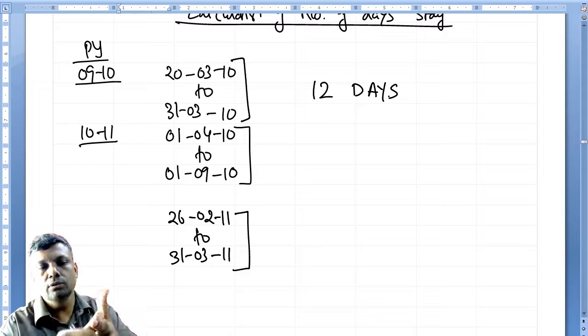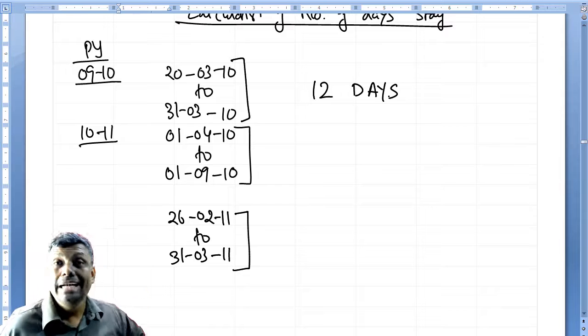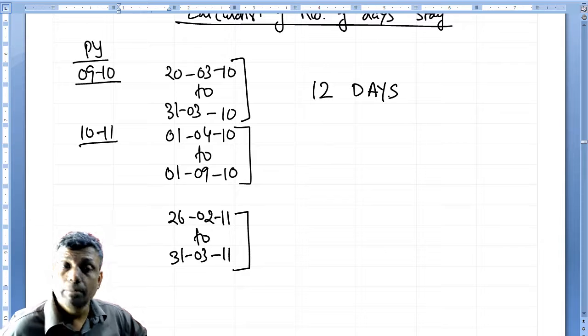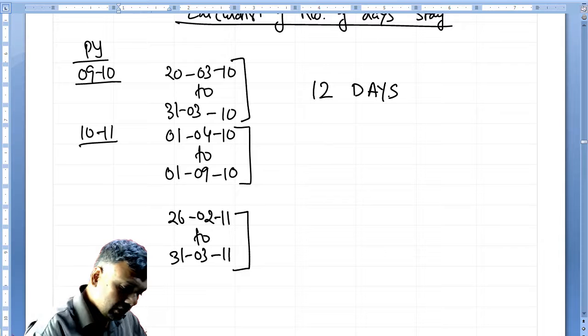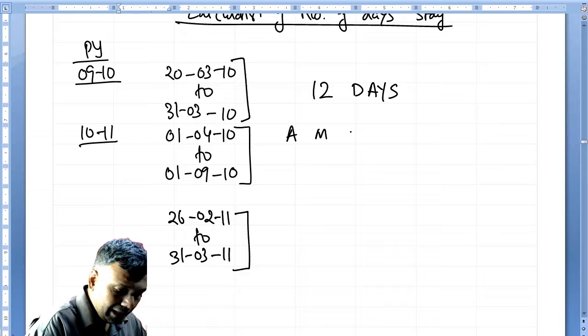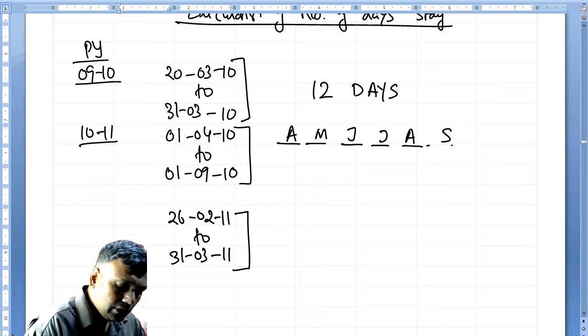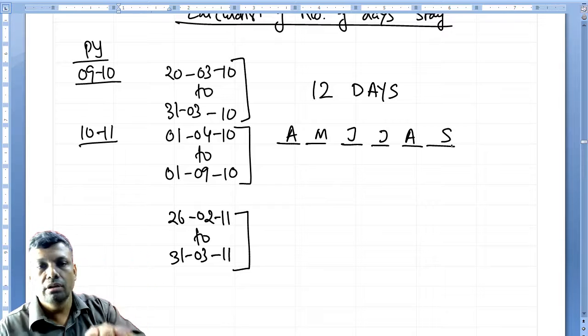So 20th, 21st, 22nd, 23, 24, 25, 26, 27, 28, 29, 30, 31st. 12 days. Day of entry is included for the purpose of calculation. Okay. Now previous year 10-11, April, May, June, July, August and September. Calendar work.